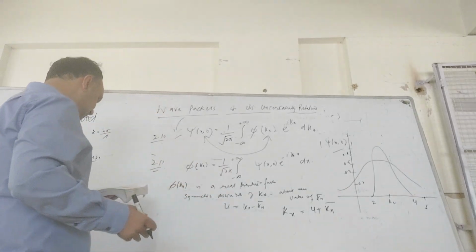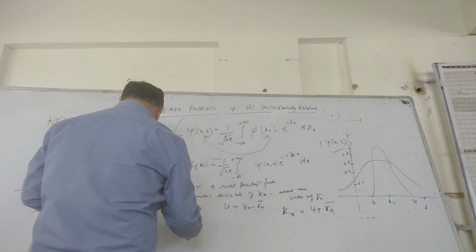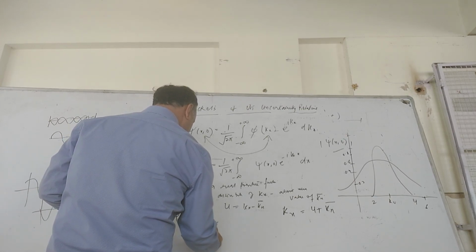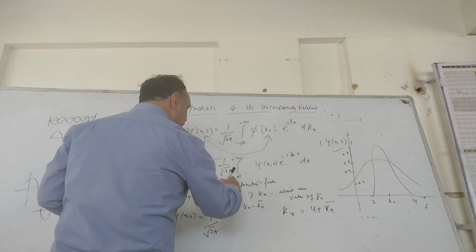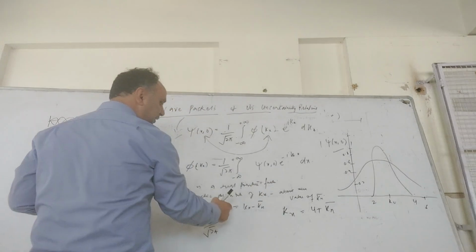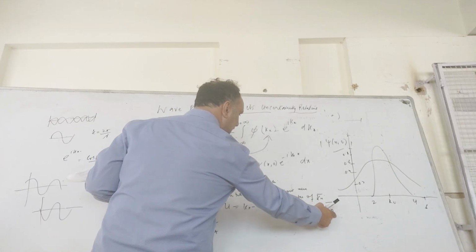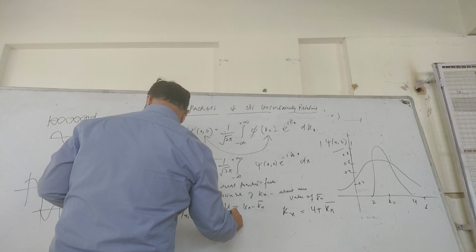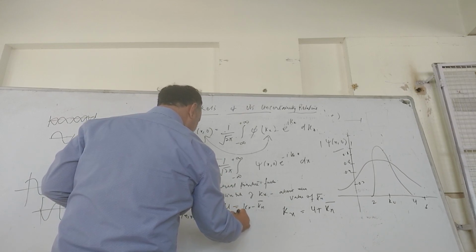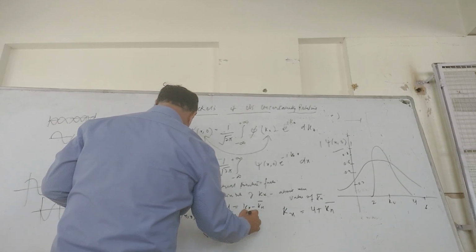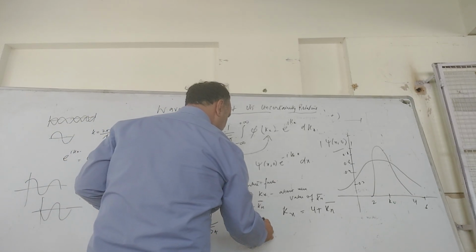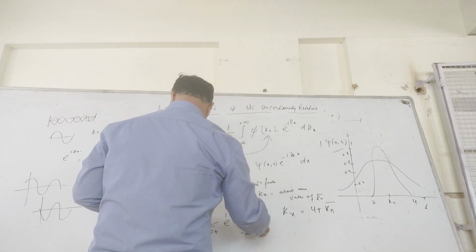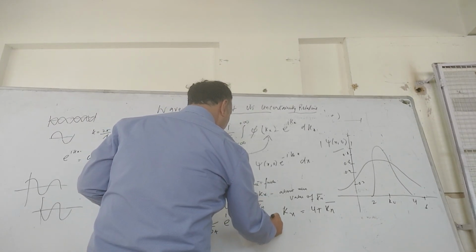So if you define them like this, the function psi x0 will be, instead of e to the power kx we will write u plus e to the power kx, so a kx will come here, it will be k bar x, phi of u plus kx.